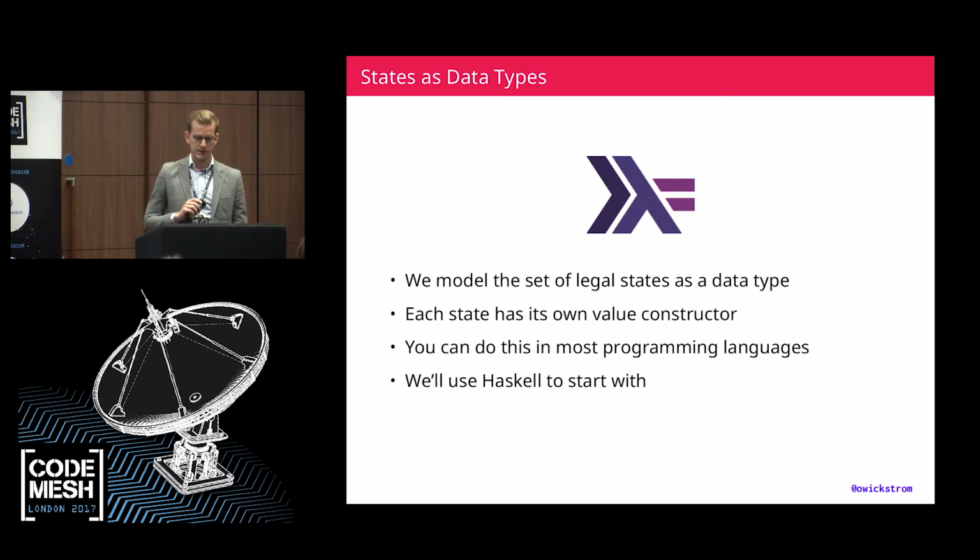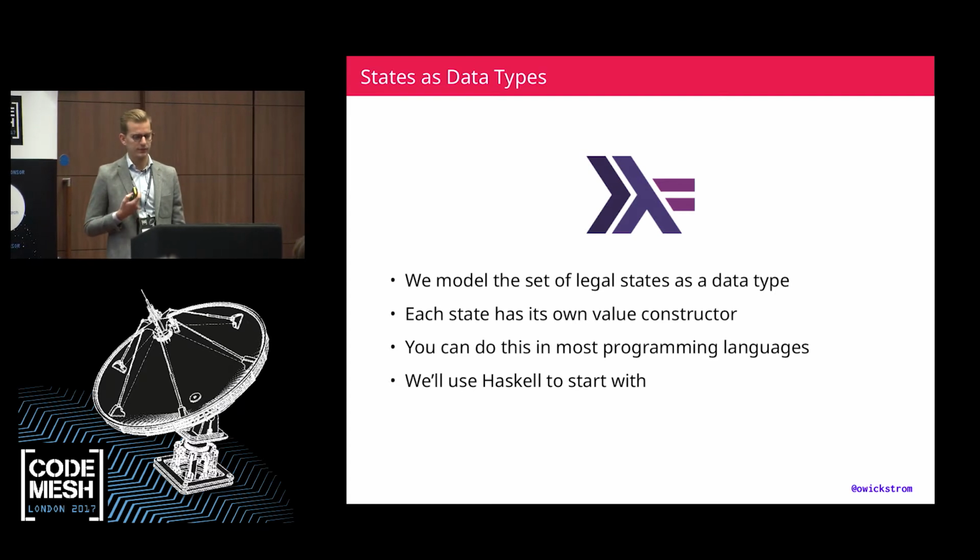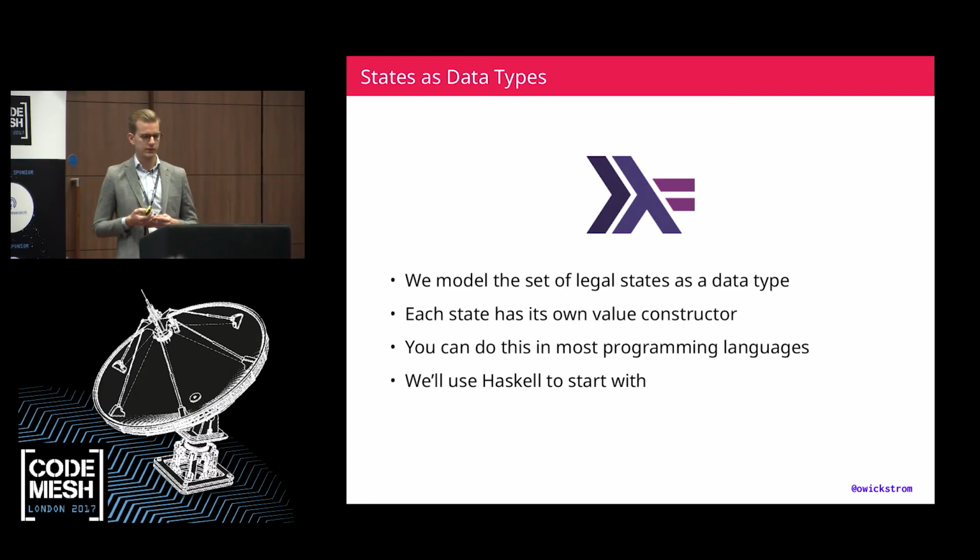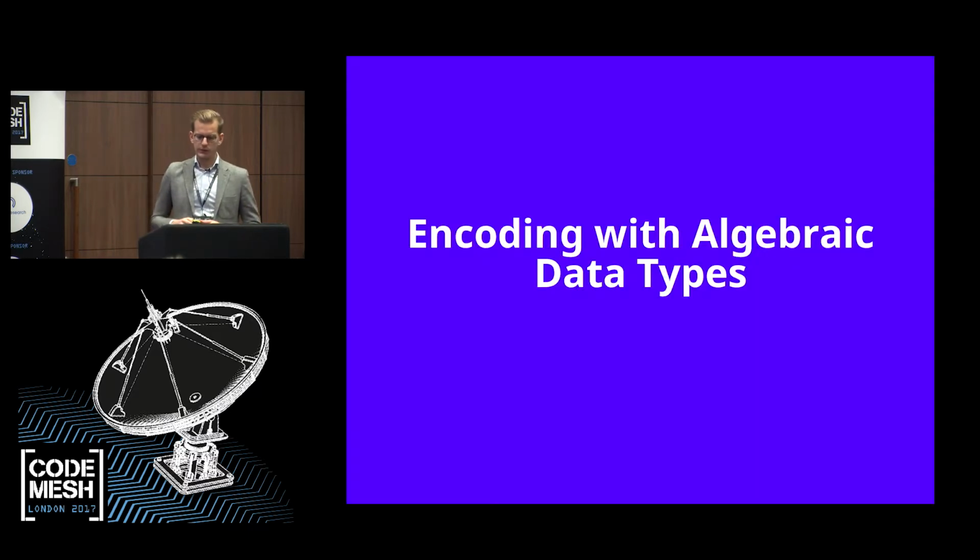What we will do is model the set of legal states and events as data types, and preferably we will use Haskell. In this way, each state will have its own value constructor. You can do this or similar things in most mainstream languages as well. So we will start by encoding using algebraic data types.